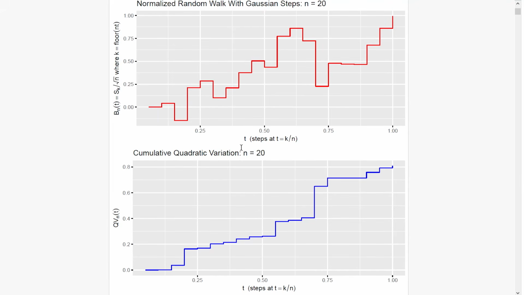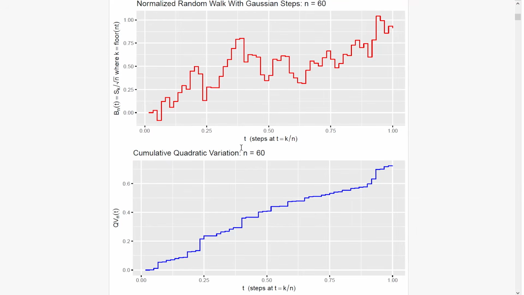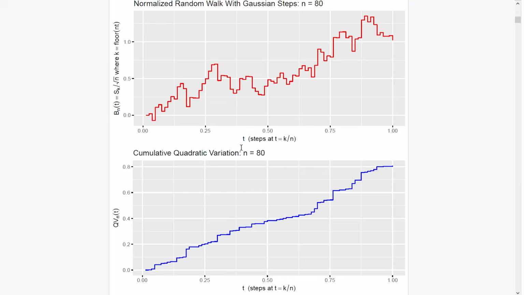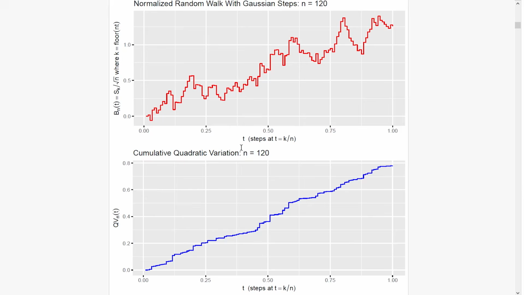And in the bottom, I'm drawing the cumulative quadratic variation. So this is up to 20, 30, 40 steps now. As we increase to 100 steps, this cumulative quadratic variation is getting pretty close to the time t over which we're accumulating it.